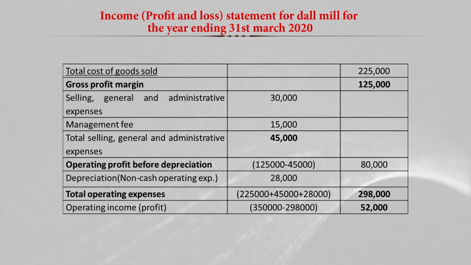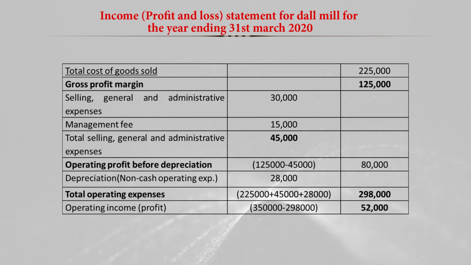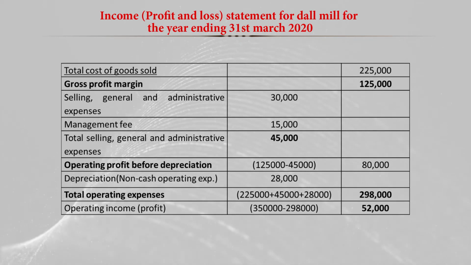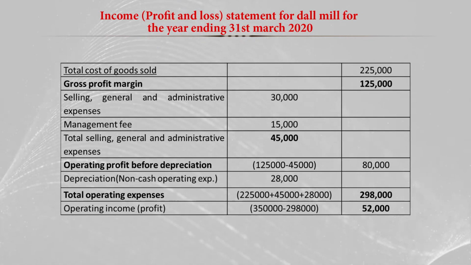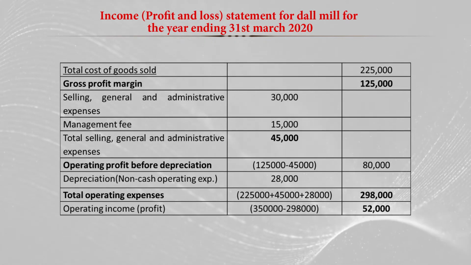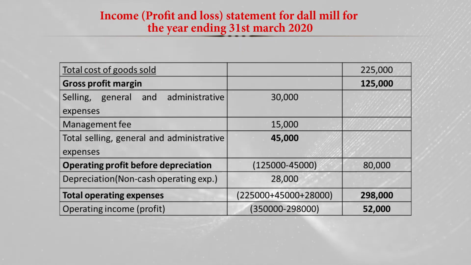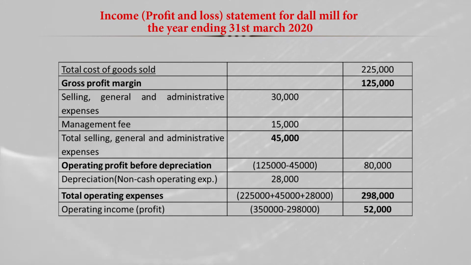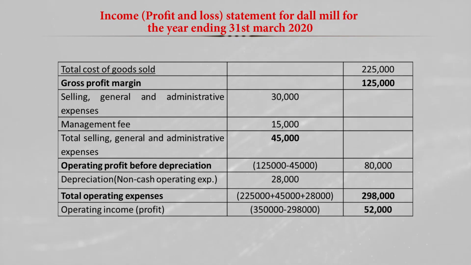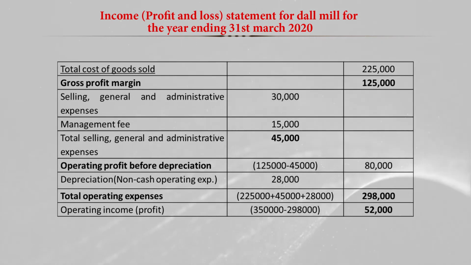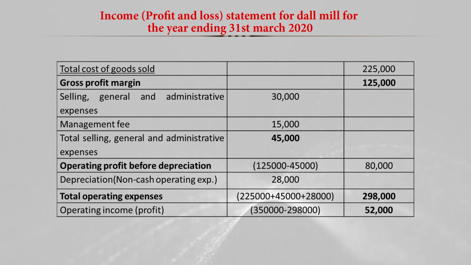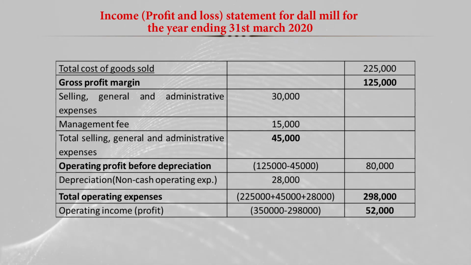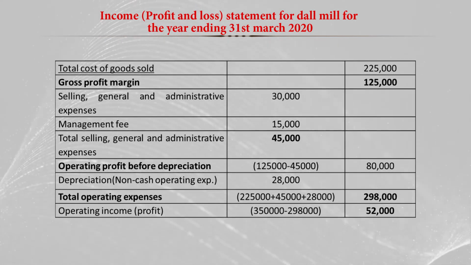And when we include the depreciation, that is a non-cash operating expense, that is 28,000. So total operating expenses come to 2,25,000 plus 45,000 for selling cost, plus 28,000 as depreciation cost. So total operating expenses is 2,98,000, and the operating income or operating profit is 3,50,000 minus 2,98,000, so it comes to 52,000.